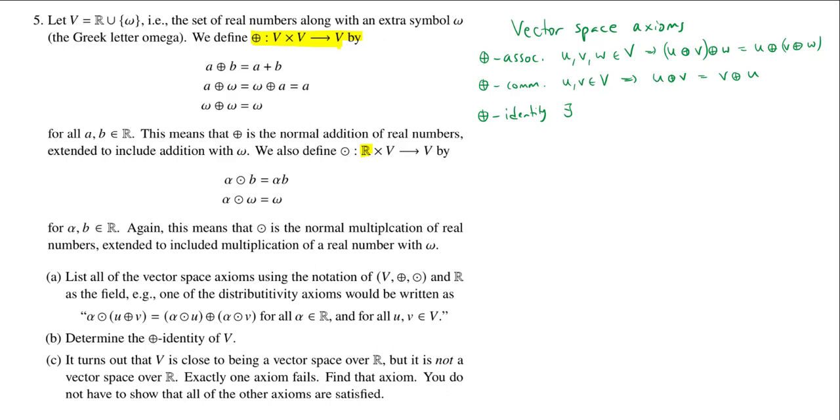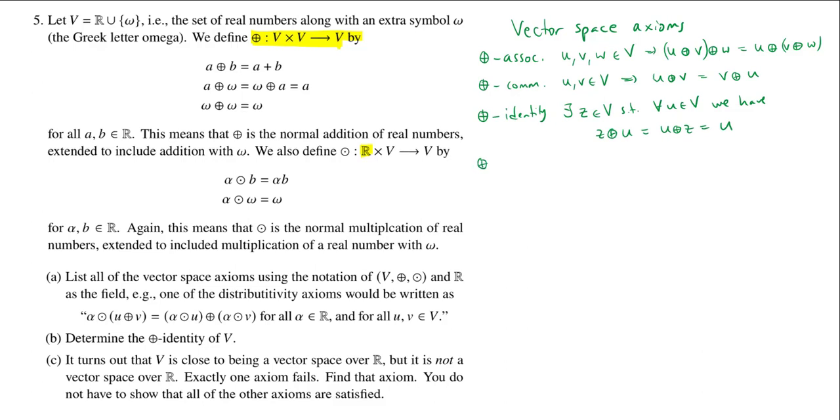So I'll just use the letter z, first letter of zero. So there exists some z in V such that for all u in V, we have that z ⊕ u is equal to u ⊕ z is equal to u. So we have an additive identity. You can add it to anything, and it doesn't matter. And of course, we're using the ⊕.